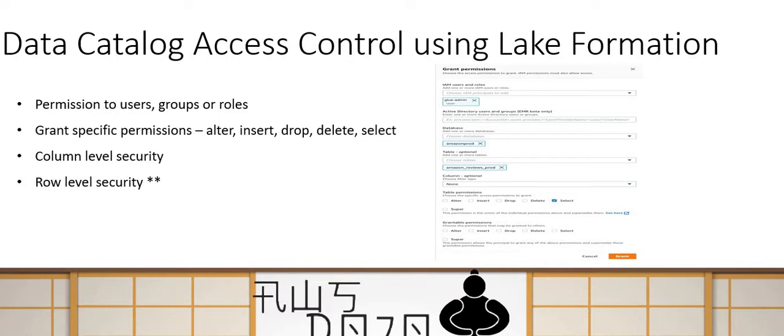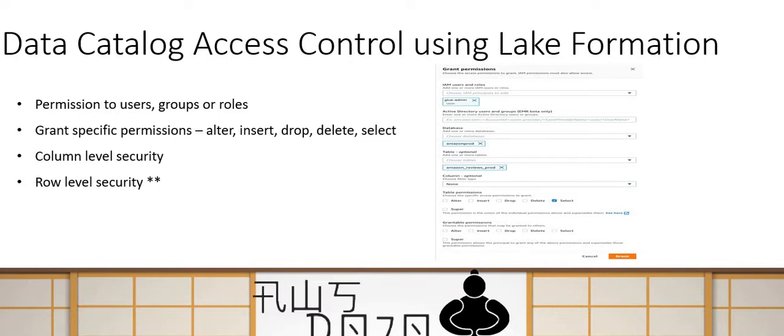So whether you want to give access to the end user, or you want to give access to the role, so that even jobs or crawlers, they use roles for authorization. So jobs and crawlers can also be given restricted roles, so that they can only work in the restricted area. And end users can also be given permission to the specific data catalog.